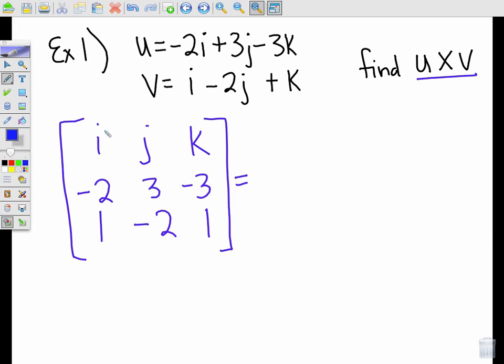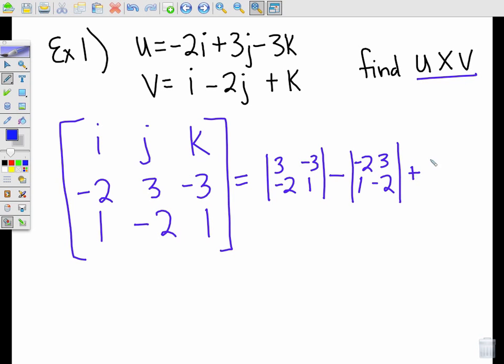I'm going to ignore my first column, and my determinant would be using 3, -3, -2, and 1, minus, now you ignore the middle column, -2, 3, 1, -2, and plus, and these all have i, and then j, and then k with it. Then the third column you ignore, so it's -2, 3, 1, and -2. So let's go ahead and do the determinant of each of these.